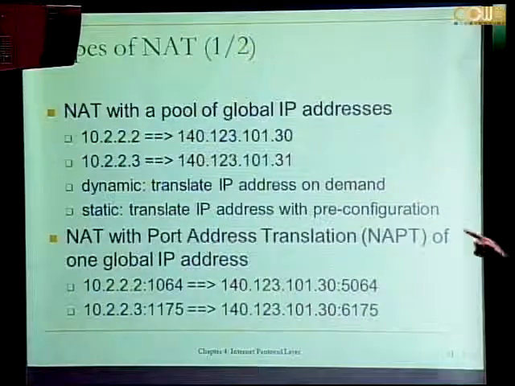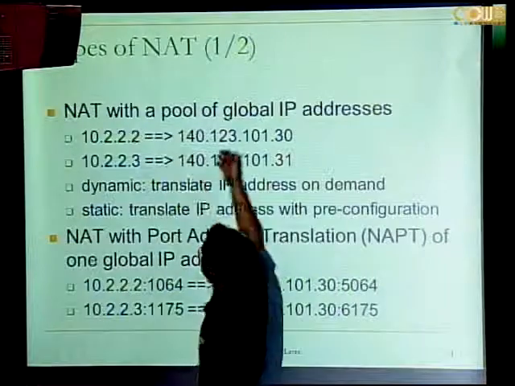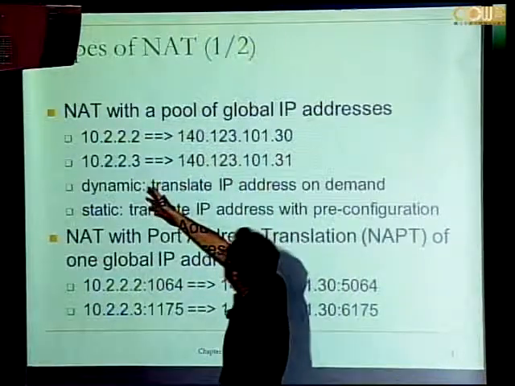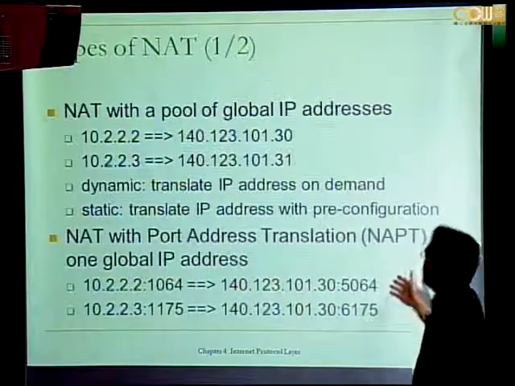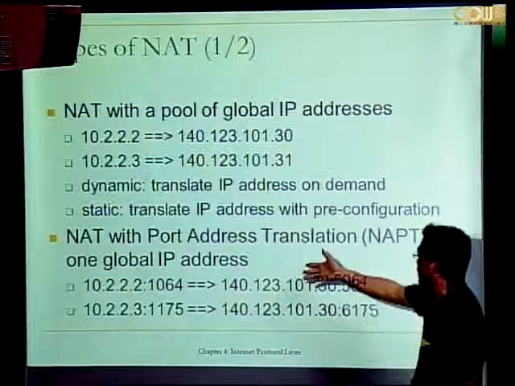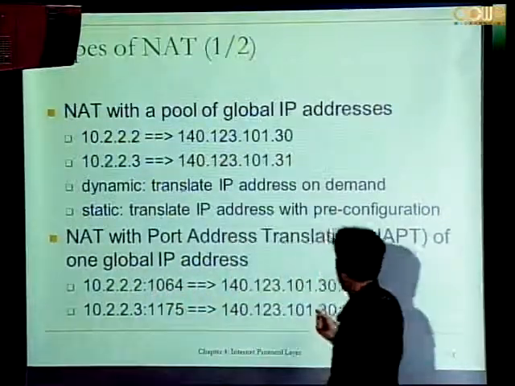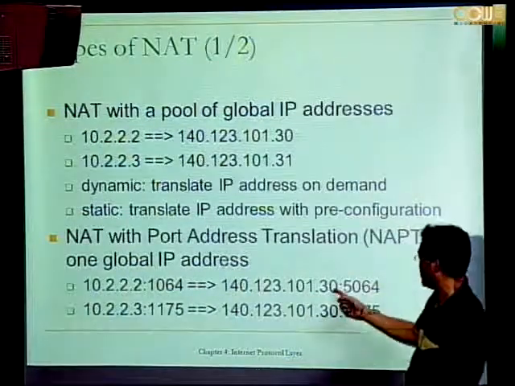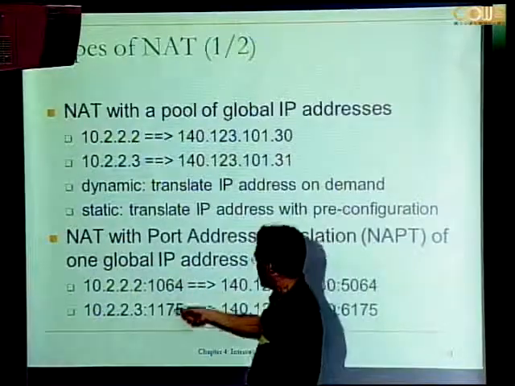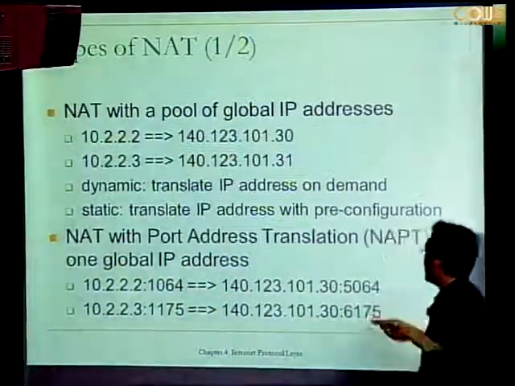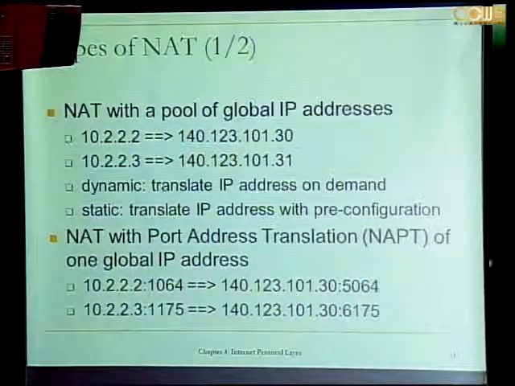In the case where you have more than one IP address, you can allocate a different IP address to each internal host. But if you don't, you would need to translate the port number too. So I only have one IP address, so I need to use the port number to differentiate them. So I translate their port number into this, and this translation needs to be kept in the NAT table.